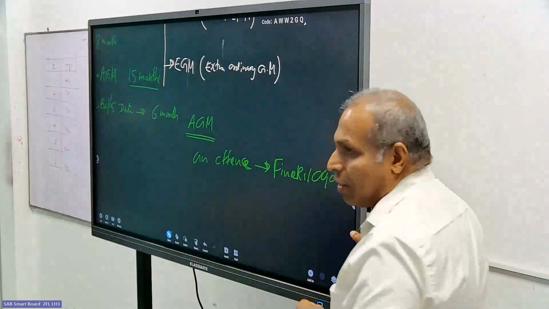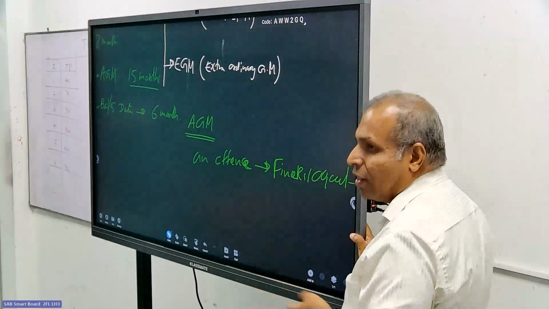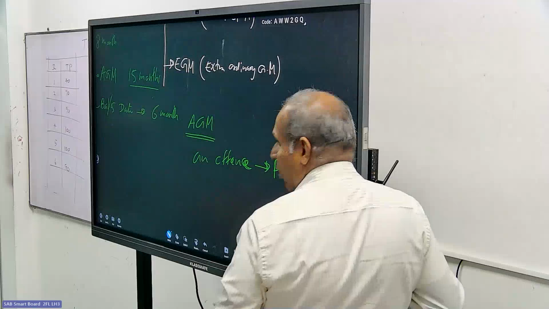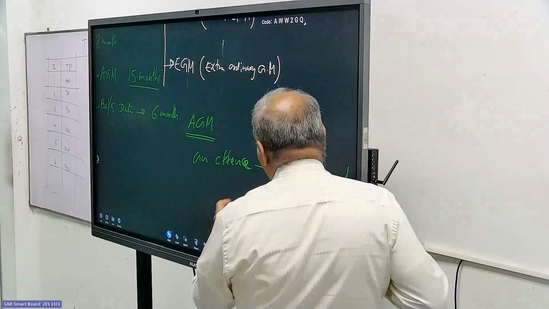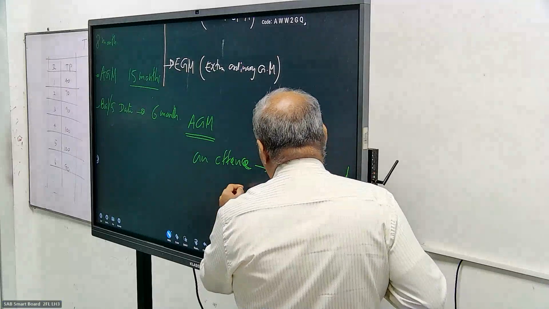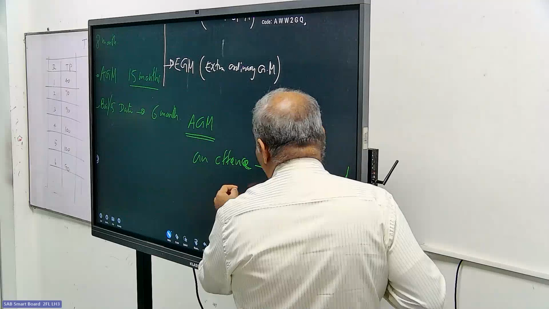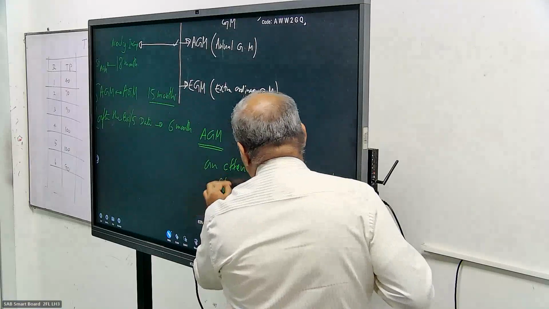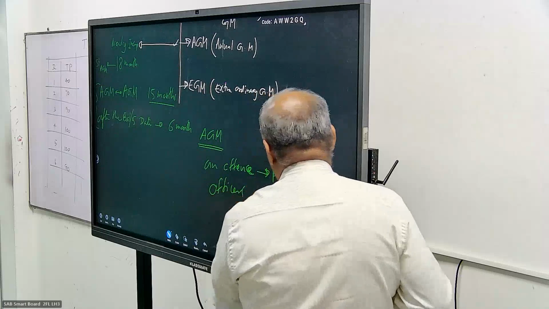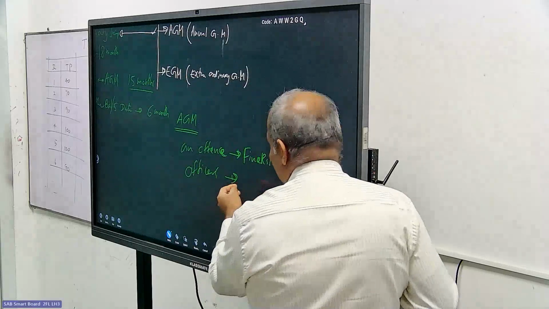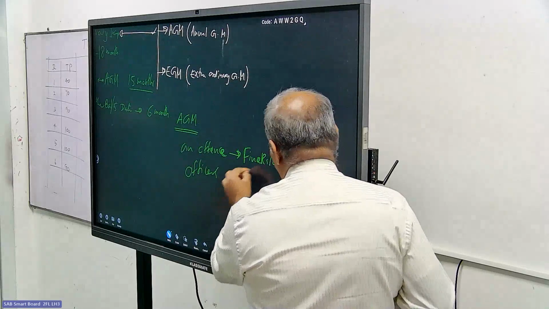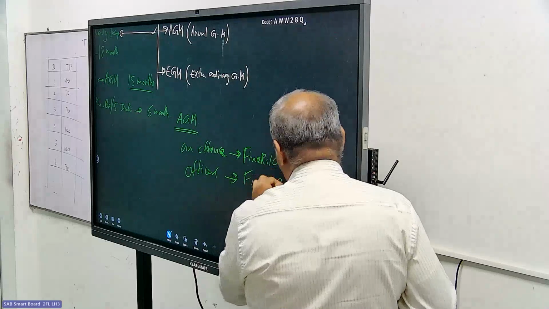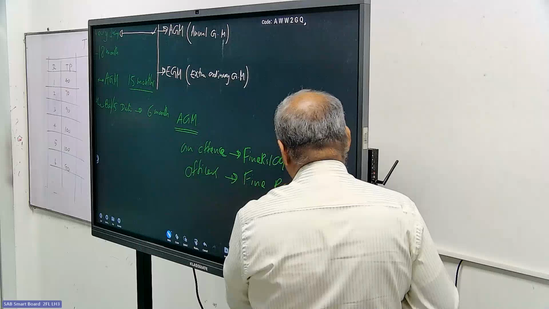And every officer who is not following the AGM requirements shall be guilty of an offense, and on conviction be liable to pay a fine, not exceeding half of this, 50,000 rupees.